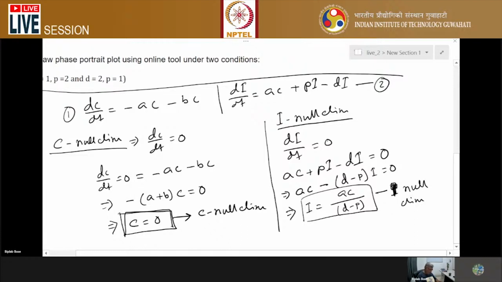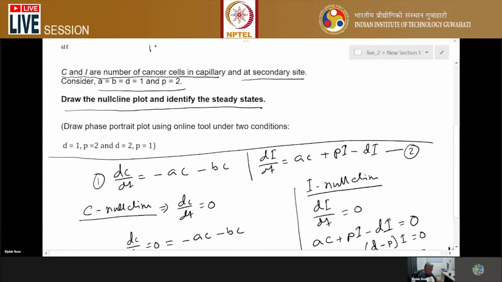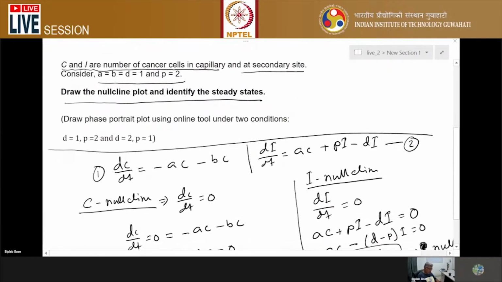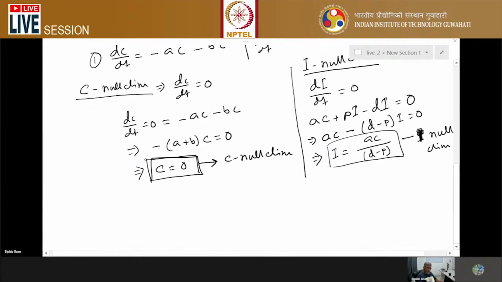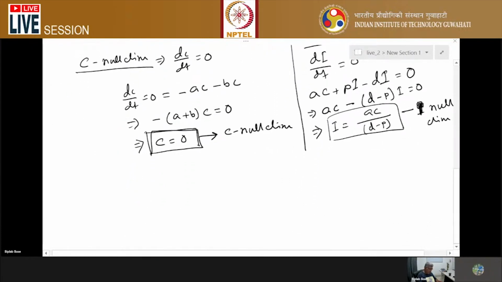I don't remember the value of the constants. Do you remember? Let me check. A, B, D equal to 1, P is equal to 2. Okay, everything is 1, only P is 2. So let us now put those values. So my C null-line, as I calculated, is C equal to 0. So I have no problem. There is no value to be replaced.